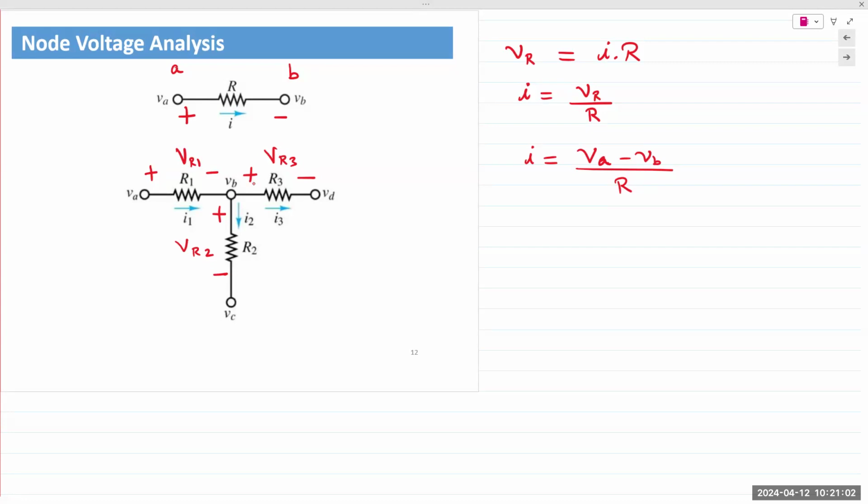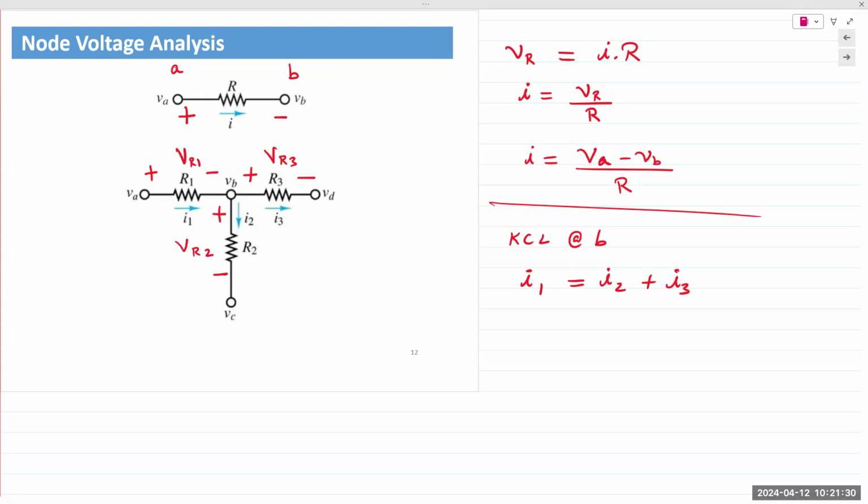So now, if I wish to apply KCL, I can apply KCL at node B. KCL at node B would give me current entering is I1, currents leaving are I2 and I3. Okay, I1 is entering, I2 and I3 are leaving.